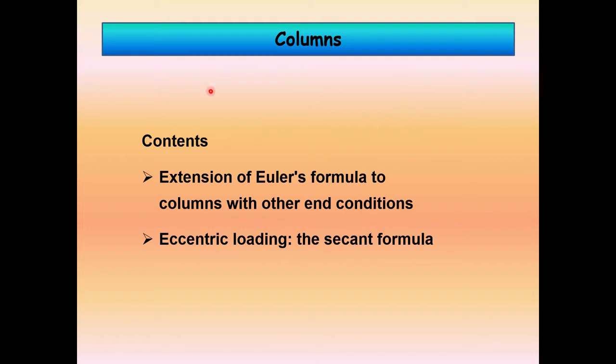The content for this chapter: extension of Euler formula to columns with other end conditions, eccentric loading, and the secant formula.